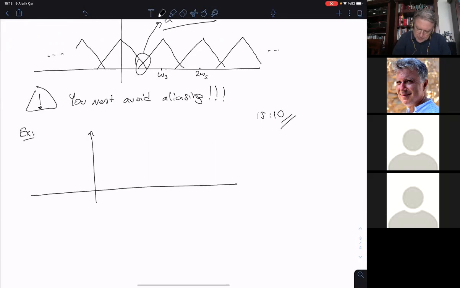suppose that your signal is 10, 20, 30, 40, and 50, okay? It is band limited, it's a band pass signal. So this is 0, 10, 20, 30, 40, and 50.